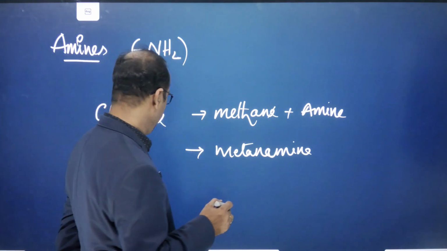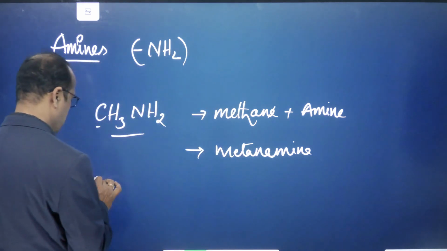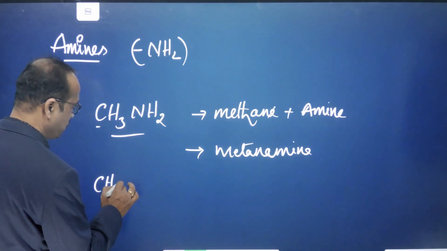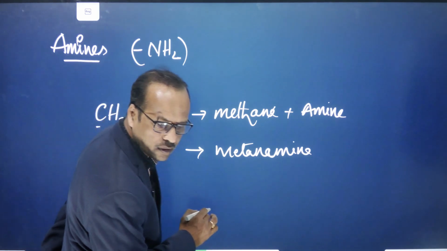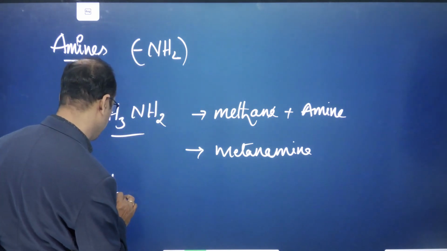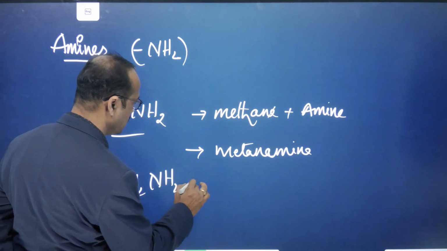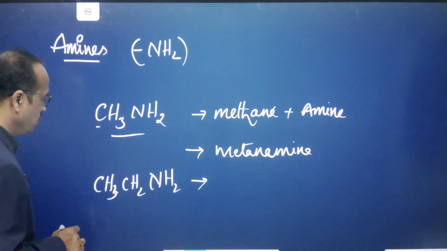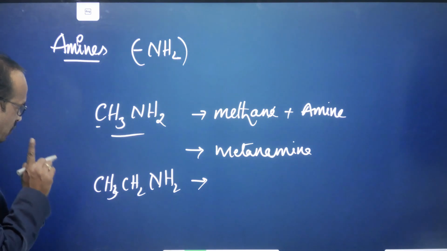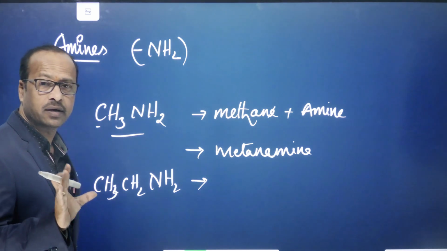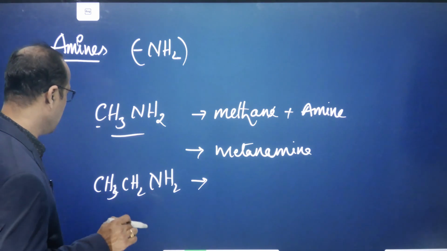For example, you see the next substance is given: CH3CH2NH2. So what's the name now? First the root word: how many carbons are present in this chain?